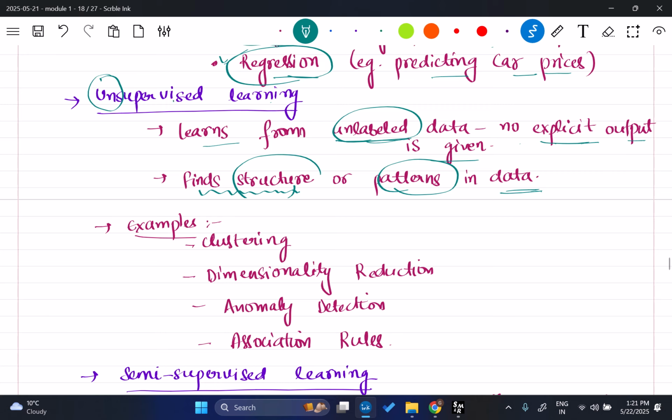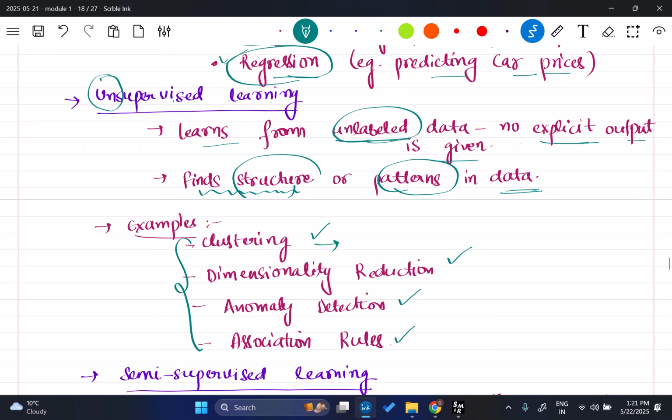Under unsupervised learning, we have various kinds of problems which are further classified as clustering, dimensionality reduction, anomaly detection, and association rules. All of these will be covered further down in the course, and for the time being, I can just give you an idea.